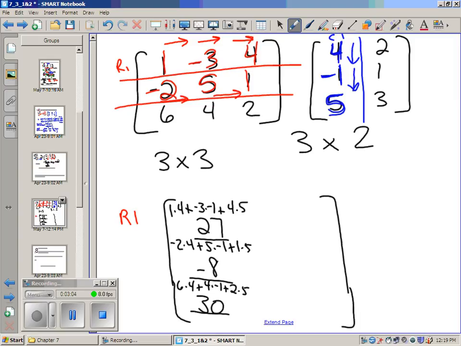So this is row 1, column 1. This is row 2, column 1. And this is row 3, column 1. So now I'm going to move over. I'm going to go down the same rows, but move over to the next column.